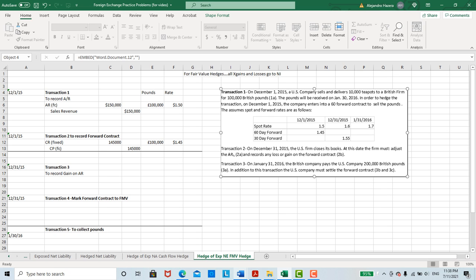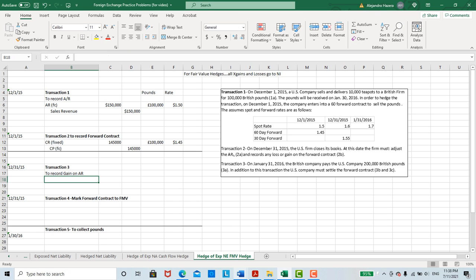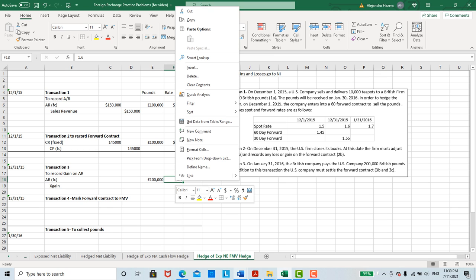Okay, so we're going to debit accounts receivable fixed foreign currency, and we're going to credit exchange gain, which goes right to the income statement, and the number of units of foreign currency. The exchange rate we're going to use now, though, is $1.60 because that's the spot rate at 12/31/15. There it is right there. I'm putting my cursor over it and circling.